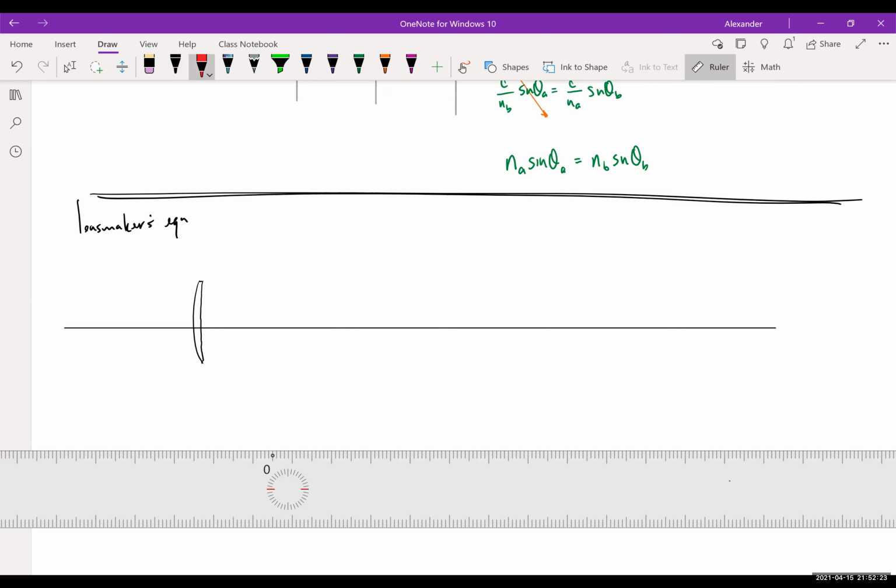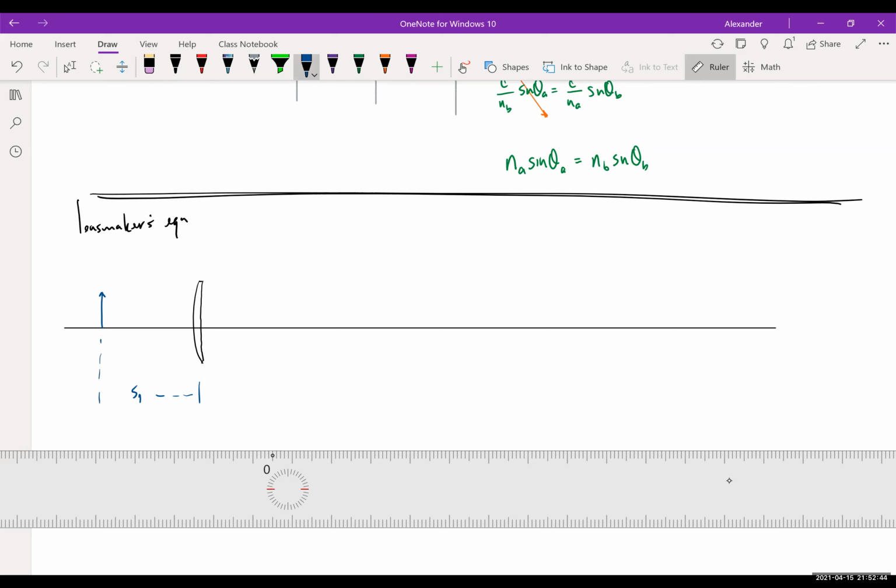And we have an object here, a distance S1 from the lens. S1.